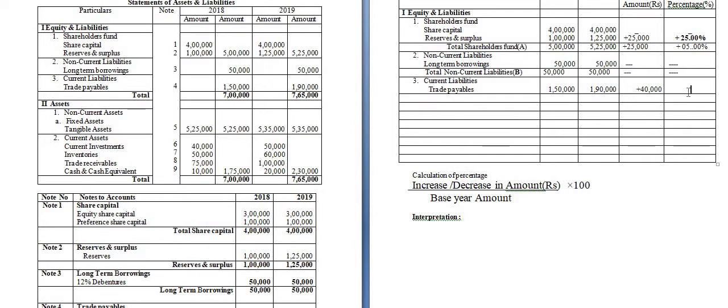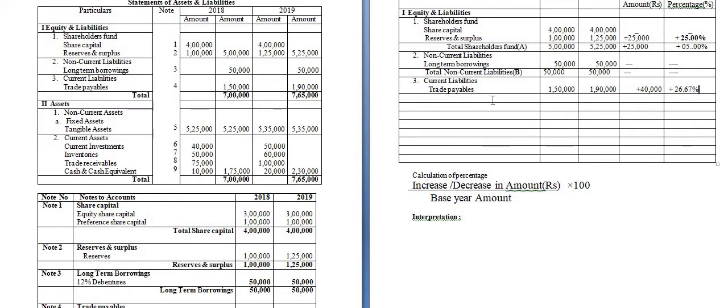Now find out the percentage. 40,000 divided by 1,50,000 into 100 is equal to 26.67%. So write 26.67%.